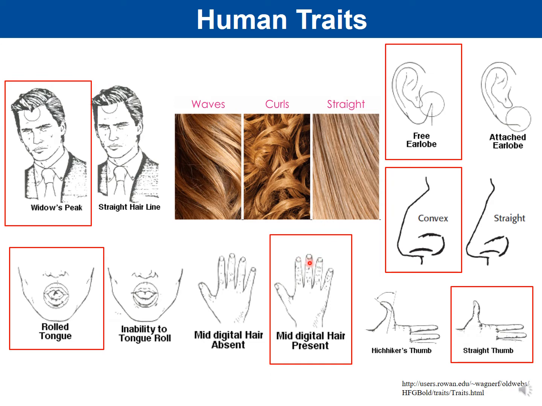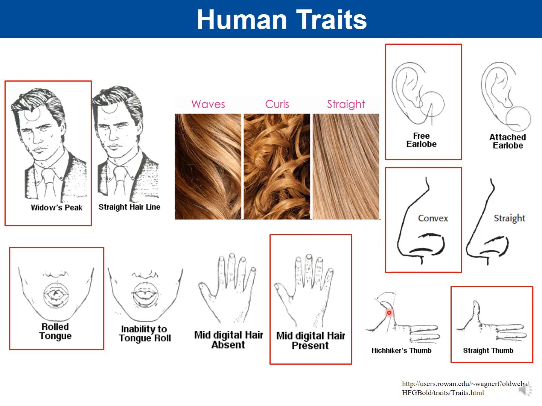Mid-digital hair is referring to not this knuckle, not the first part where your finger bends, but hair on the second segment, the middle part of your finger. If you have hair on even one of those fingers in the mid-digital part, you would have mid-digital hair present. That is dominant. If you do not have hair on that mid-digital region, we call that mid-digital hair absent. That's recessive.